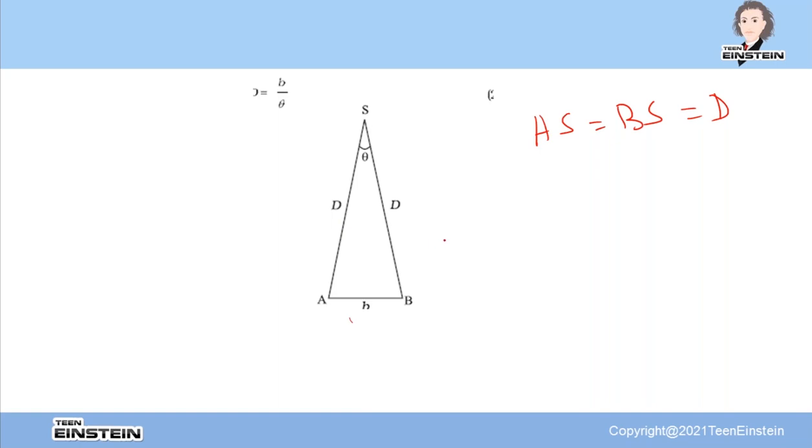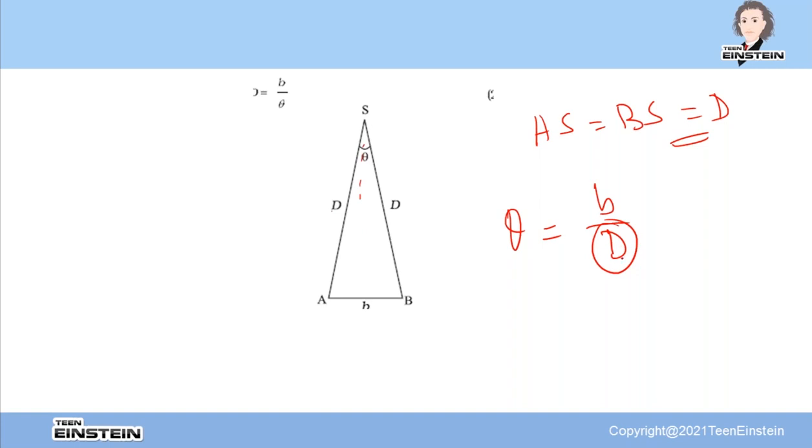Actually, you can agree with this also, because theta is given by b by capital D. This D is a very large distance. If D is very large, but the length between A and B is fixed, then the value of this angle is very small.